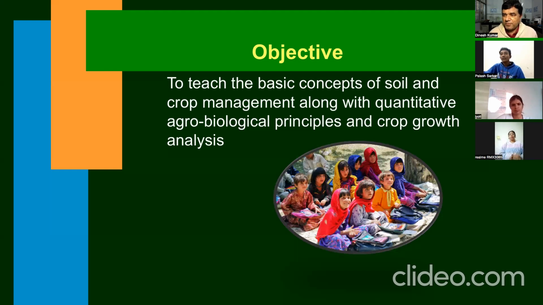Sir, agronomy is the study of managing the crops and soil for better crop production. Correct. He says that agronomy is the branch of science or branch of agriculture that deals with the principles, practices of crop production and soil management.